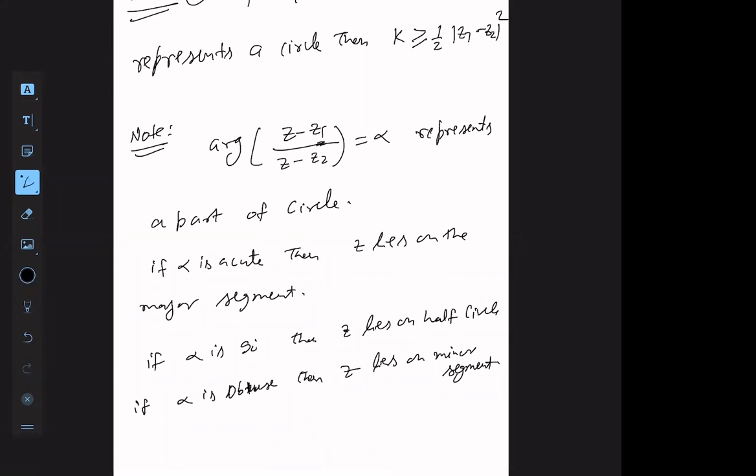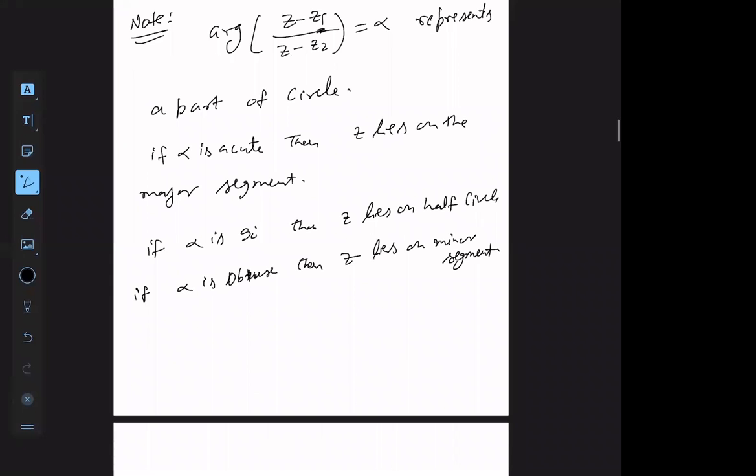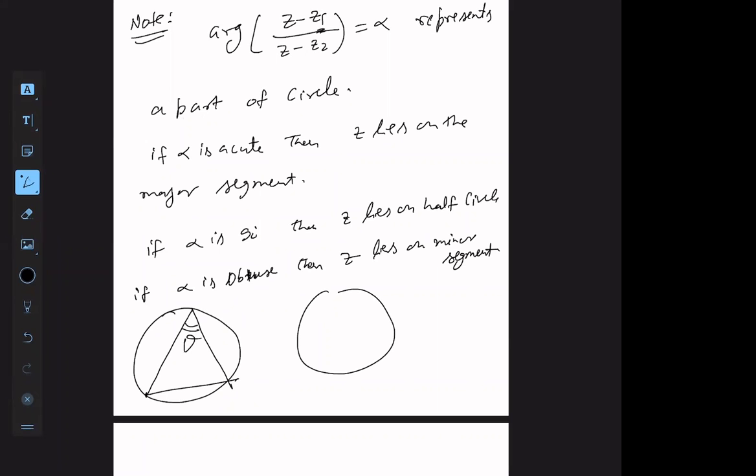because the angle made by any chord, if this is the circle, at any point on the major segment is always acute. This angle is always an acute angle. Understood? If you take any point on minor segment, this angle is always obtuse.